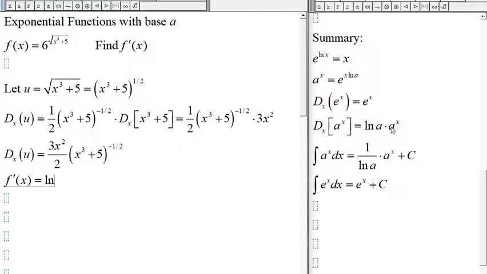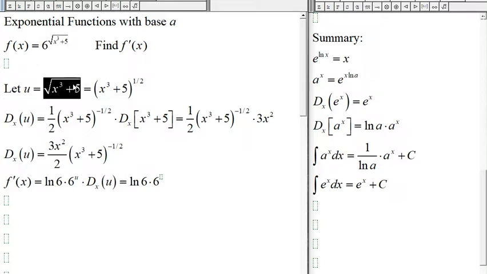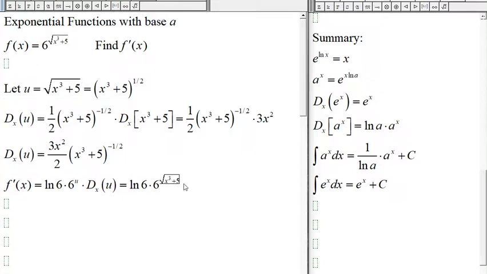So it would be ln 6 times 6 to the u. And then the chain rule is we have to multiply this by the derivative of u. And so this becomes ln 6, and then times 6 to the u, where u is just the square root of x to the third plus 5. And then we multiply by the derivative of u, and the derivative of u is this.